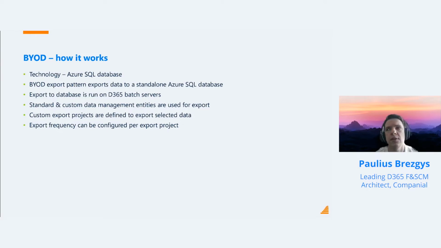Export to database is using Dynamics 365 batch jobs and batch servers. So there are batch jobs that scan what changed and push that to BYOD. Standard and custom data management entities are used for export. You can use whatever's already available in standard, you can build your own entities and customize the entities, so the possibilities are endless.